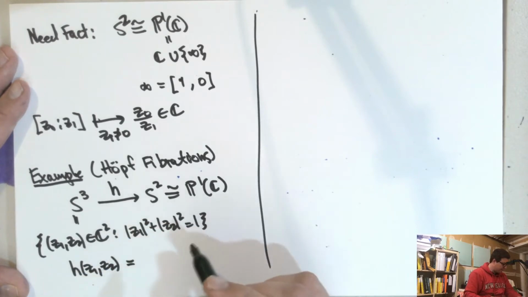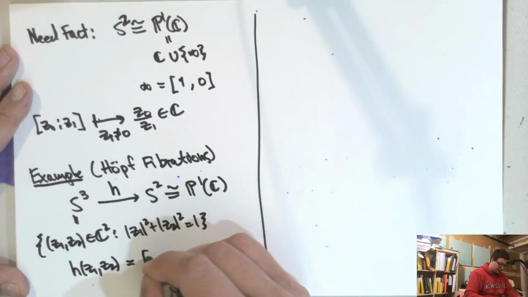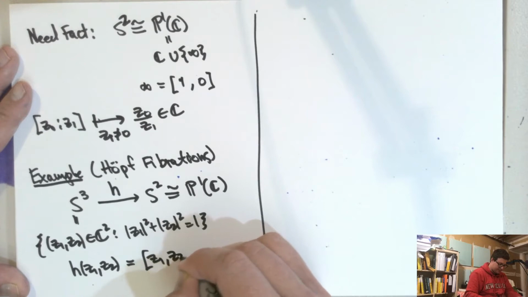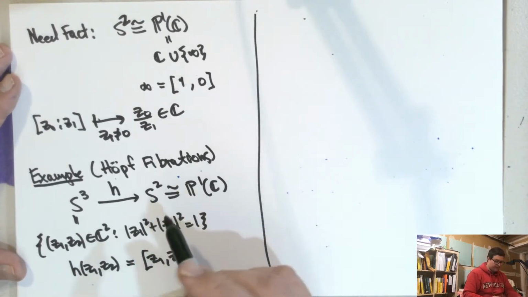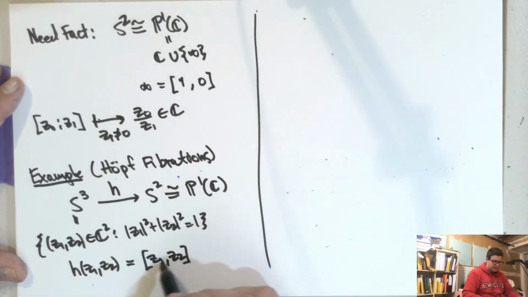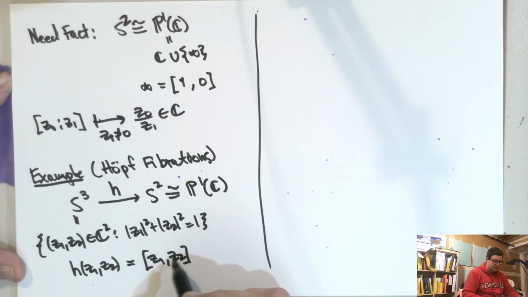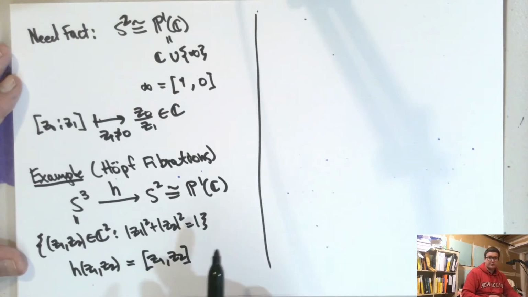We take Z1, Z2. There's a unique representative for each one of these by normalizing them to have norm squared equal to 1.